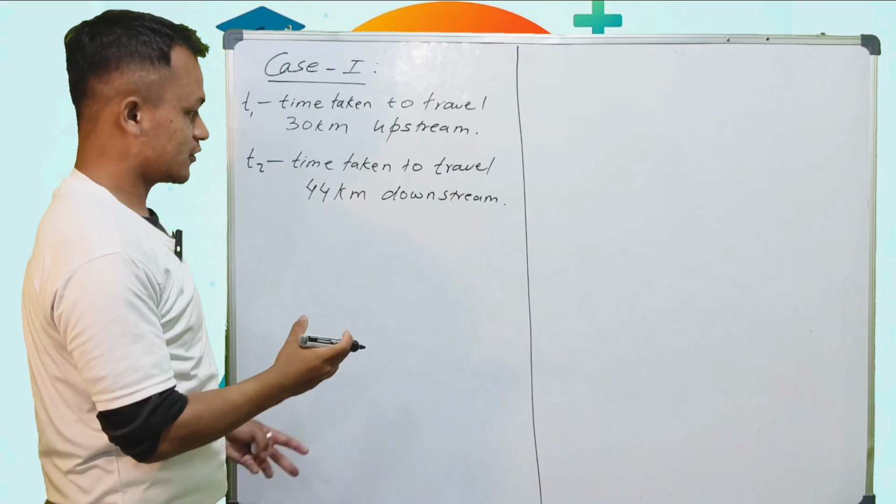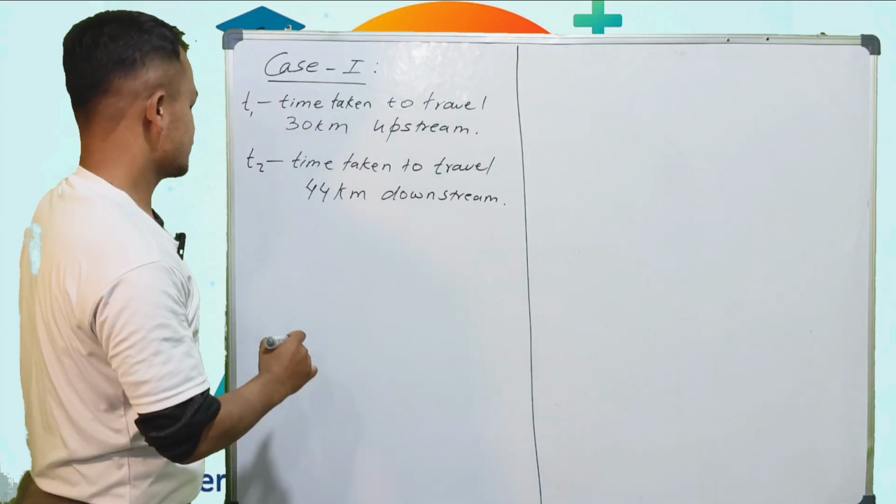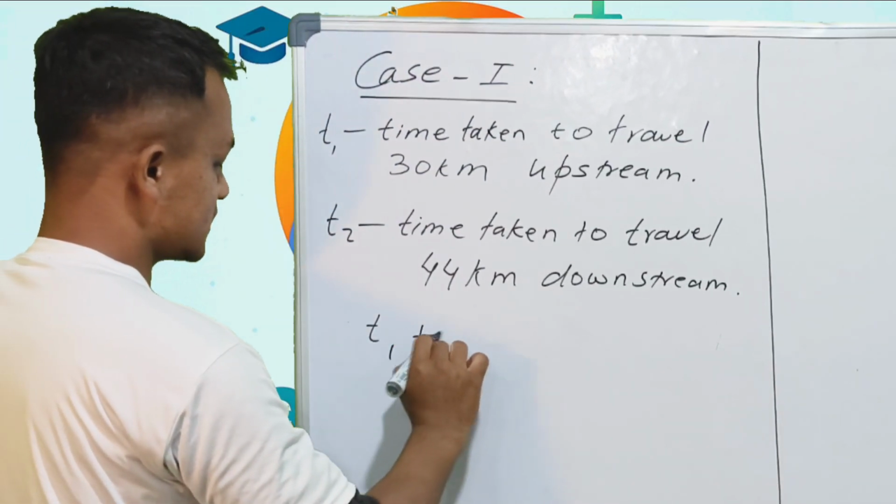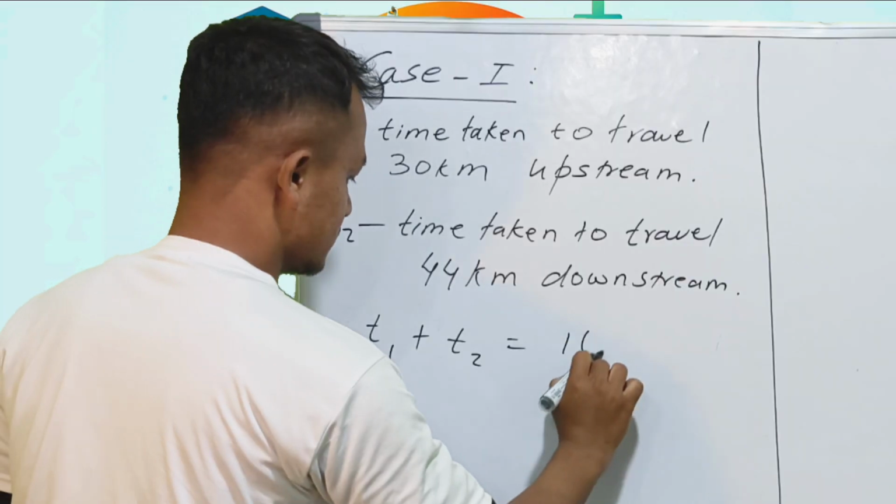And the total time for the first case is 10 hours. So therefore T1 plus T2 is equal to 10.